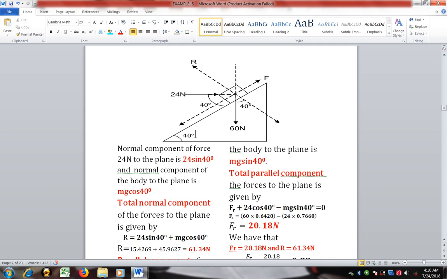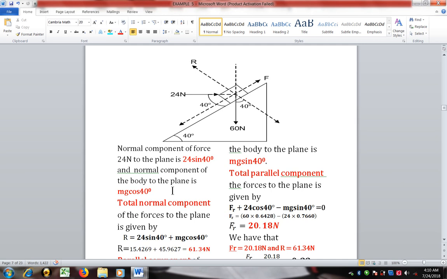So this angle is 40 degrees and this angle too is 40 degrees. So the normal component of this weight mg, or 60 Newton, is going to be mg cos 40 degrees. So that is the component of the body itself.